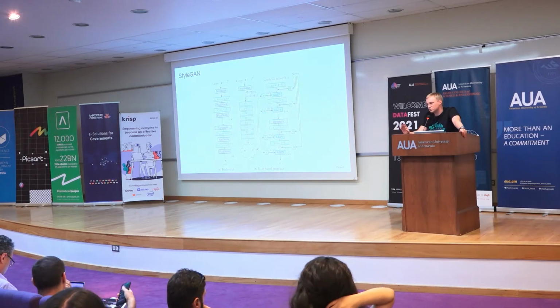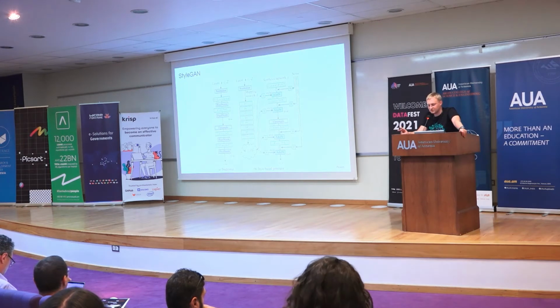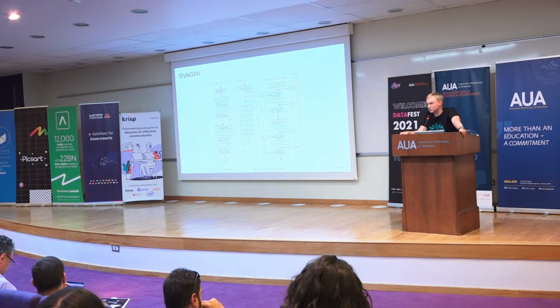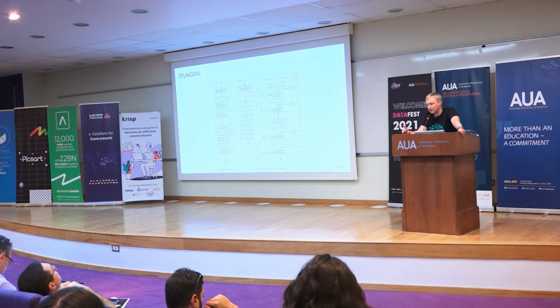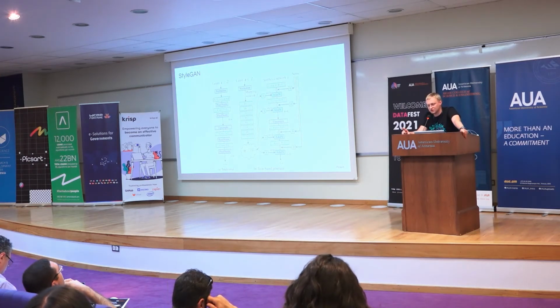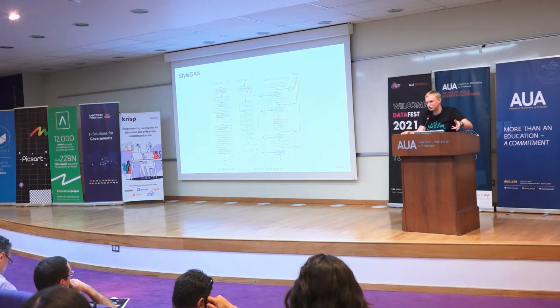StyleGAN proposed two core ideas which were transferred to other models also. First of all, the distribution of your images that you want to generate is really complex, and generating the whole image just from a latent code is not enough. You need a very complex mapping network which consists of a lot of fully connected layers, and this maps the normal distribution to the real distribution of your images.